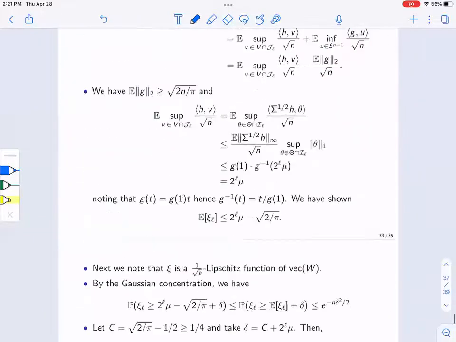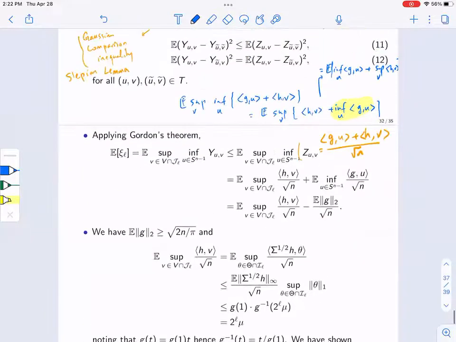As you pointed out, if we want to make it smallest, it's like the Cauchy-Schwarz in the other direction. So you want to take this to be in the direction of G, but the negative direction. So you get G over norm of G, and then it simplifies to that.